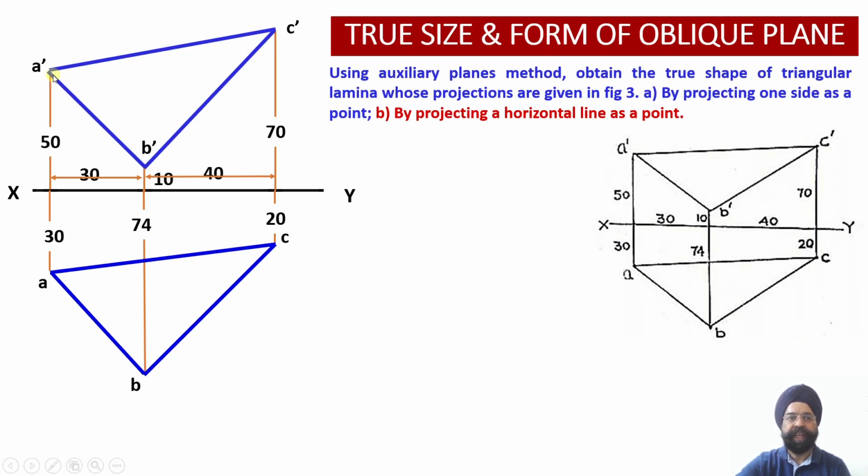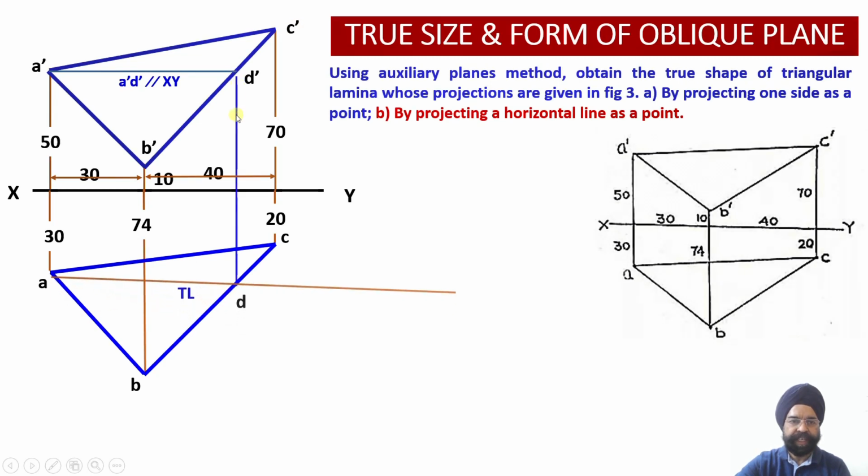How? Now please check. I am going to draw one straight line, A dash D dash, which happens to be parallel to XY. Since this line A dash D dash is parallel to XY, and D dash lies on the edge B dash C dash over here, I am going to project D dash downwards. Once I project D dash downwards, this point D dash will be projected onto the edge BC at this position.